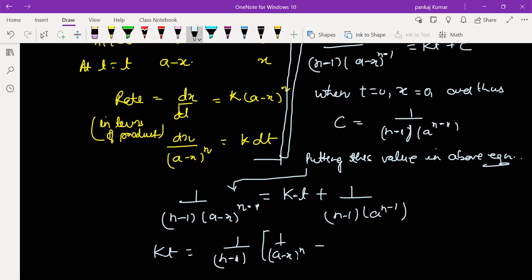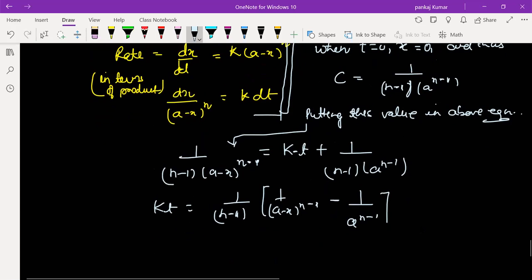minus a to the power n minus 1, bracket close.